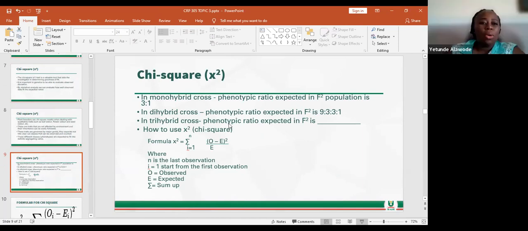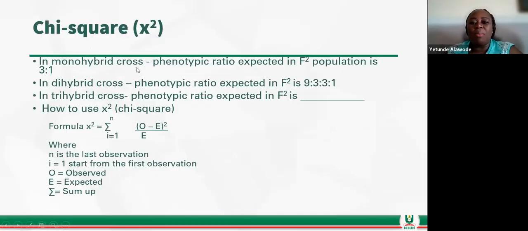So, like I said, in a monohybrid cross, the normal ratio that you expect in your F2 population is the 3:1 ratio. In a dihybrid cross, the ratio that you expect is the 9:3:3:1 ratio: 9 for the dominant alleles, 3 and 3 for the heterozygous, and 1 for the homozygous recessive.